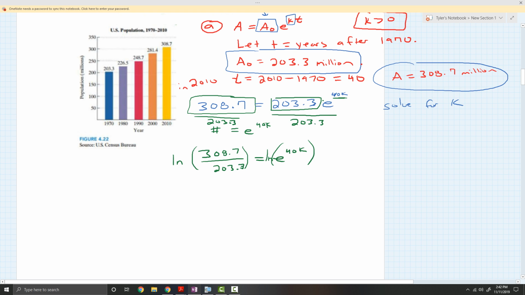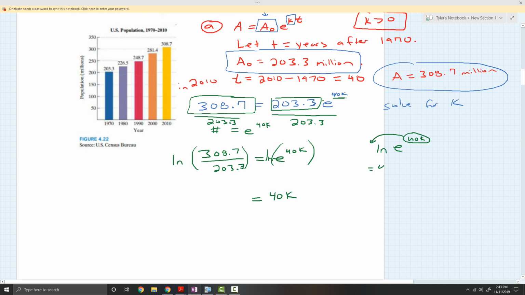Now I can use properties of logs. The natural log of e to the 40k is just going to be left with the exponent of e. This is just going to be 40k left here. Don't forget that inverse rule. You can also use the property that when I have a natural log of something raised to a power, I can pull that power as a product in front.